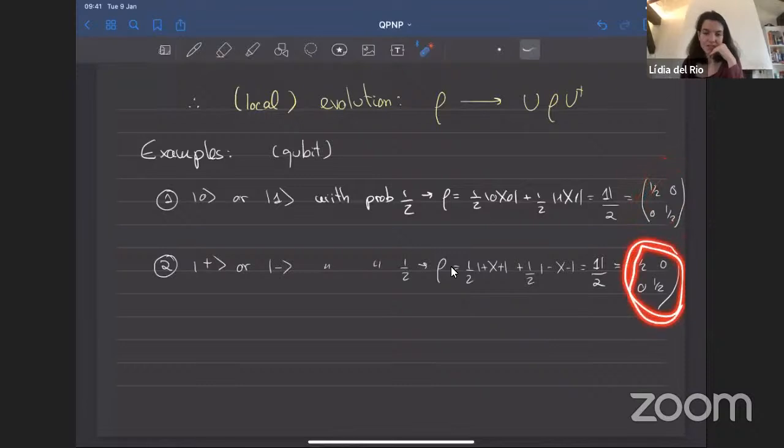And it's the same object as that one. So no matter what evolution I do and what measurements I do at the end, as long as they're only on this one qubit, I cannot distinguish these 2 situations physically. That's a very funny concept because we know from the outside that they are very different situations, right? But there's this strange kind of compression or degeneracy that tells me I cannot distinguish these 2.